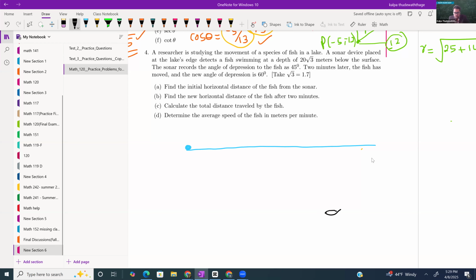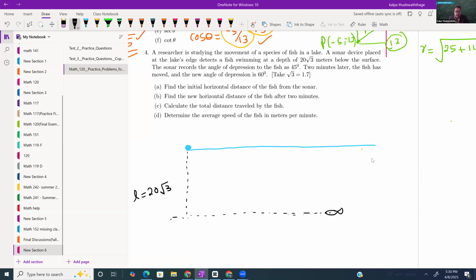So this is my fish, swimming deep in the lake. Deep down, how much is the length? 20 times root 3 below the surface. The sonar device records some distance, which you can take as L.